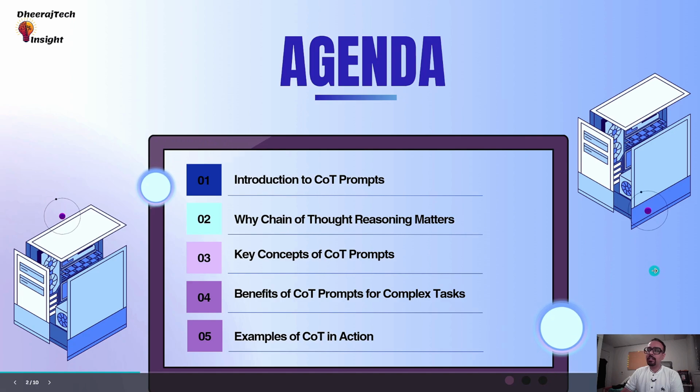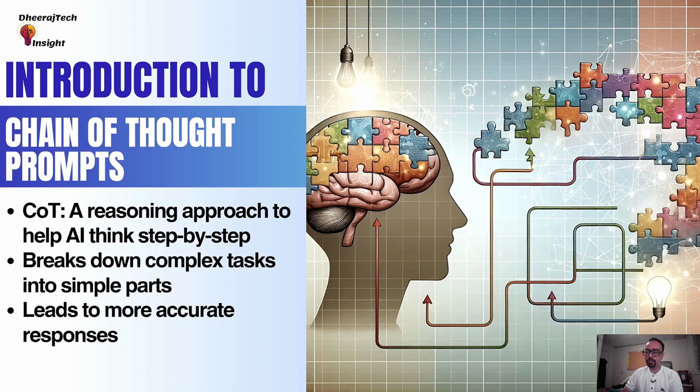So let's start with the introduction of COT prompt. Think of COT as teaching AI to take things one step at a time. Imagine you are trying to solve a big math problem or put together a Lego set. See over here, consider this as a Lego set.